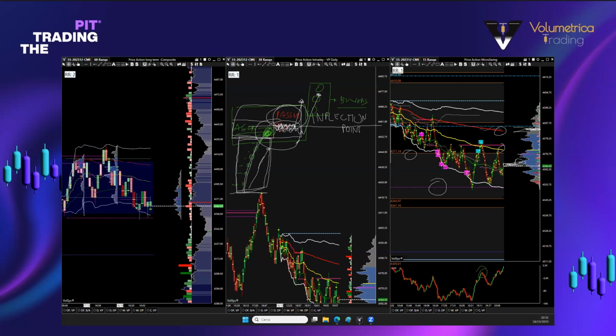But in order to determine that an absorption has come to an end with a winner, we always need to look at the next acceleration after that area of absorption. So basically, from the price action perspective, we always need to wait for price to get away from that area.